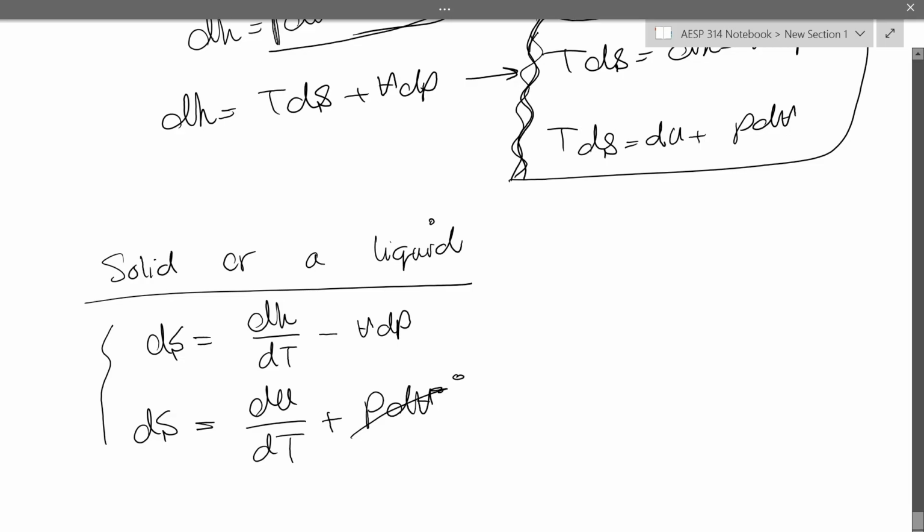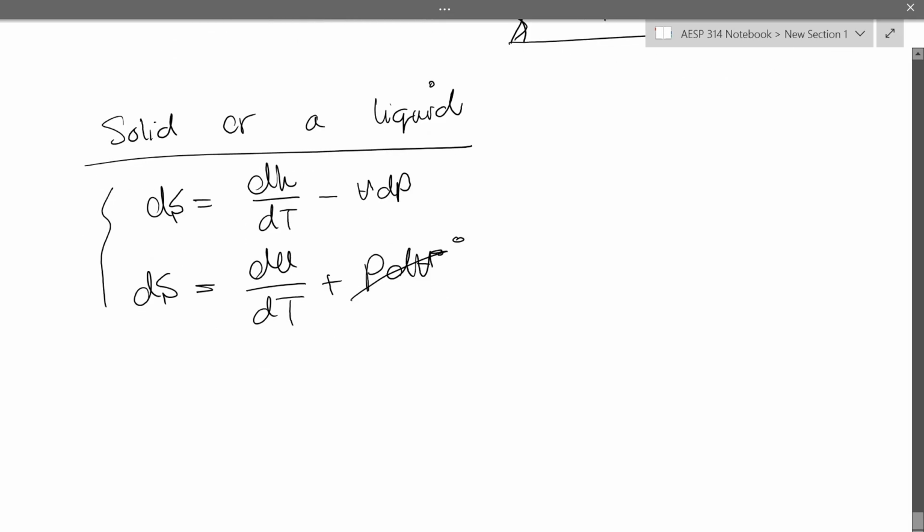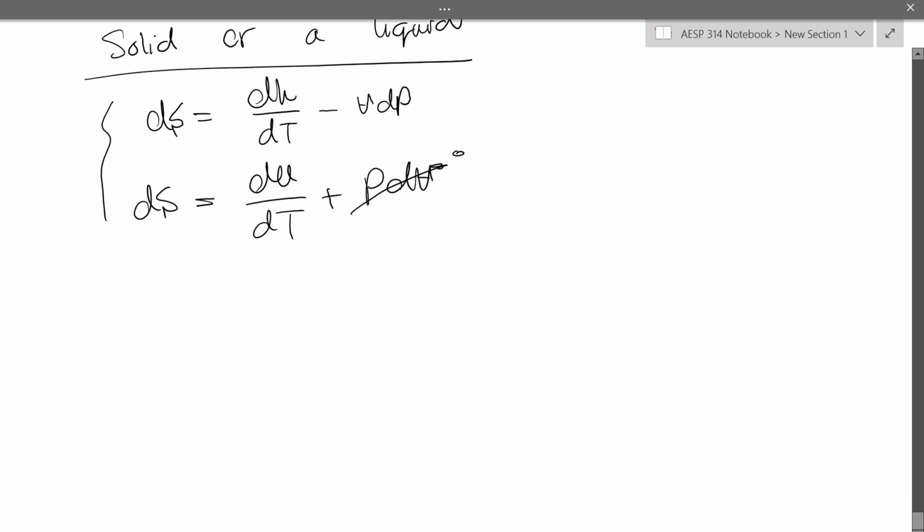And what is dU/dT? That's Cv, for a constant volume case, right? Let's just keep it like this.